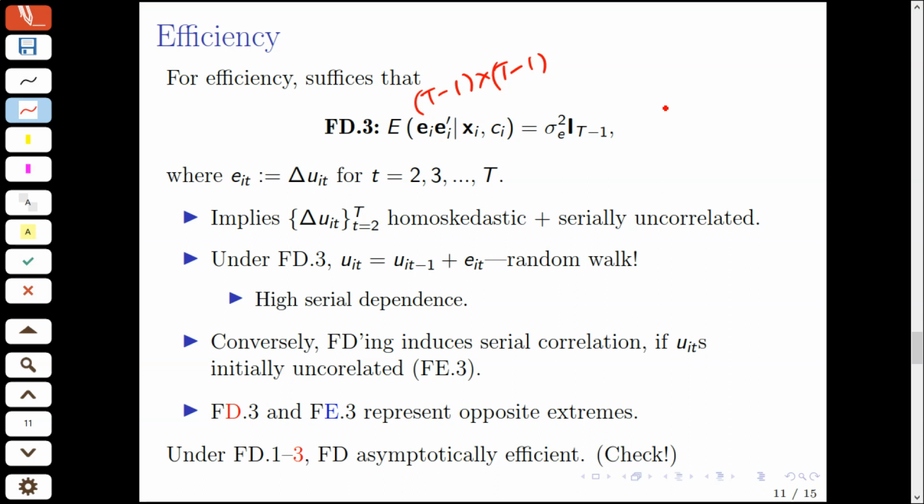Now, going back to our discussion of efficiency, one may show that under the first difference assumptions 1 through 3, the first difference estimator is asymptotically normal and also asymptotically efficient. Again, these arguments run in parallel to the fixed effects estimator, which in turn runs in parallel to our discussion of the cross-sectional case with the OLS estimator, but I highly encourage you to go through these arguments step by step, verifying that you've understood all of the elements going into them.